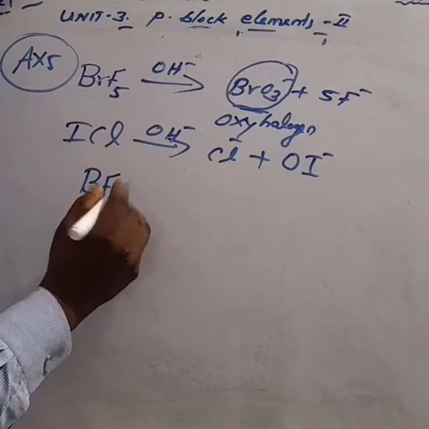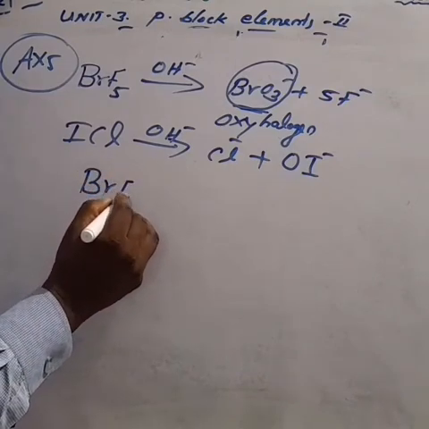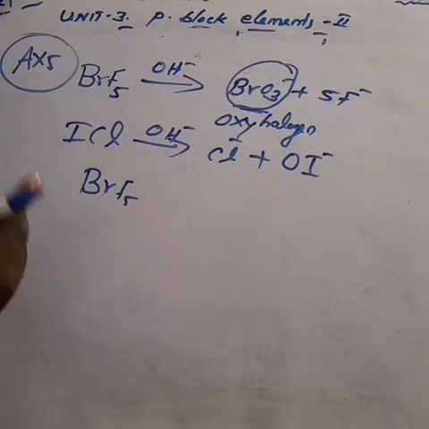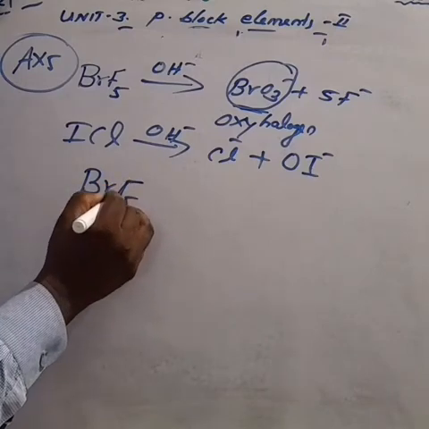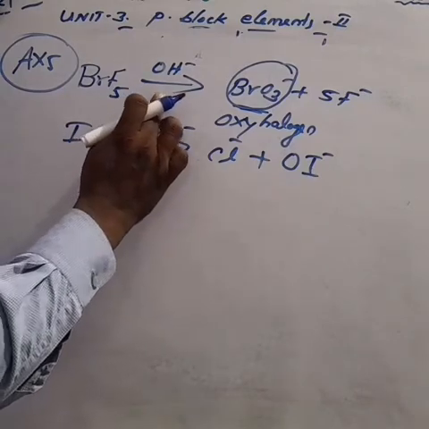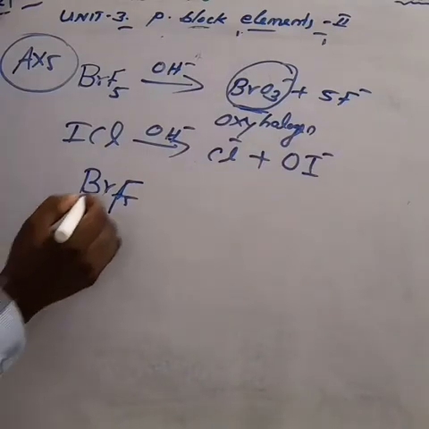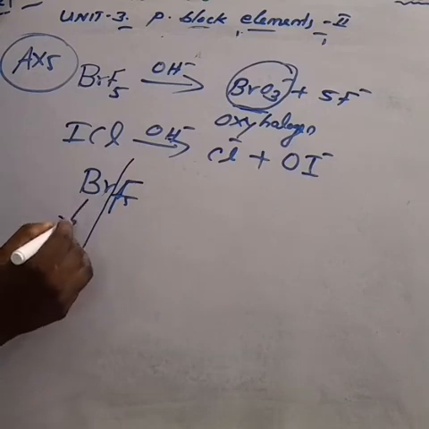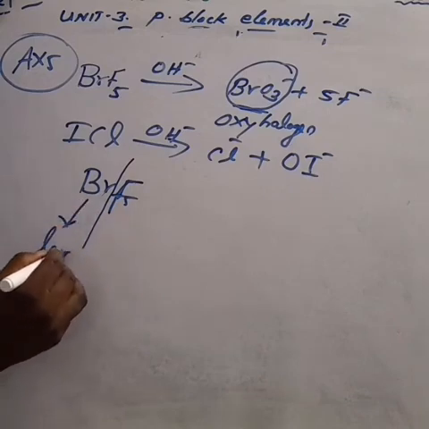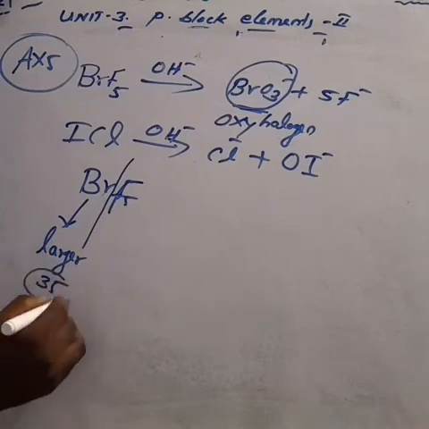Okay, already we learned that interhalogen compounds can be classified into AB, AB3, AB5 and AB7 type. Here AB5 type, that is BrF5. On reacting with alkali, we get F minus and BrO3 minus. Larger halogen and smaller halogen. When comparing bromine and fluorine, the atomic number of bromine is 35 and fluorine is 9.